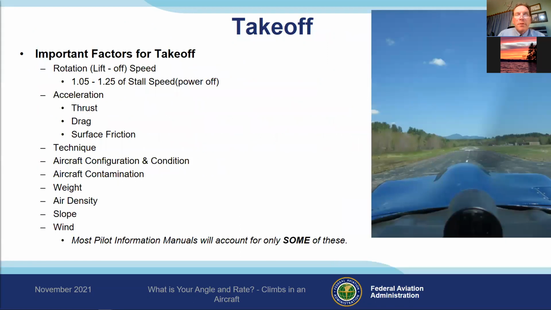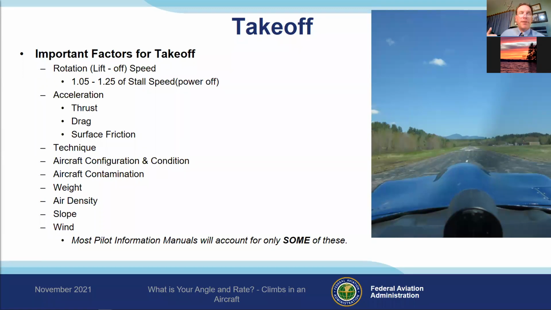So if we're taking off, and this applies to the takeoff, but it's really also going to apply to the climb, there's a lot of different things that affect our takeoff performance. Our rotation speed, the acceleration that we have from the aircraft, how much thrust, that's dependent upon altitude, it's dependent upon the surface of the runway, drag, technique, dragging brakes, even aircraft configuration and condition.